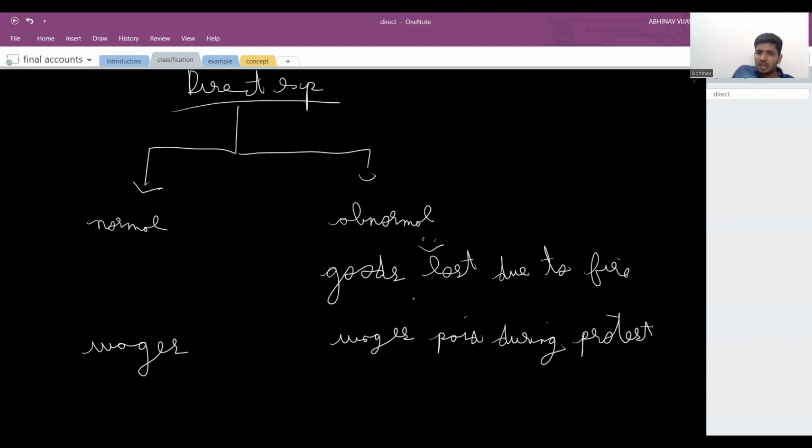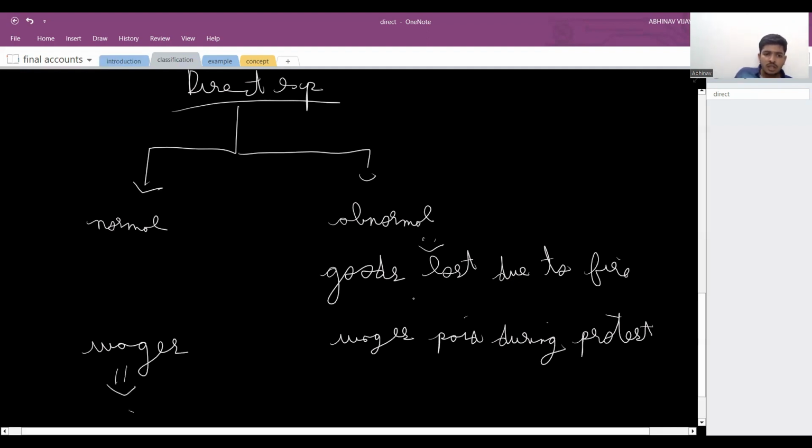That is, if the workers in your factory are on strike and you still have to pay them wages, that is not part of your normal business. It does not happen every day, and you don't want it to happen. But you have to pay wages to them even during a strike. So wages during a strike, during a protest, is an abnormal expense. Now, this is the classification. All normal direct expenses come in your trading account.